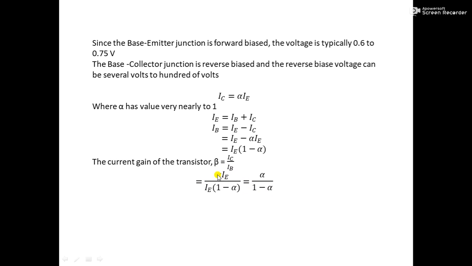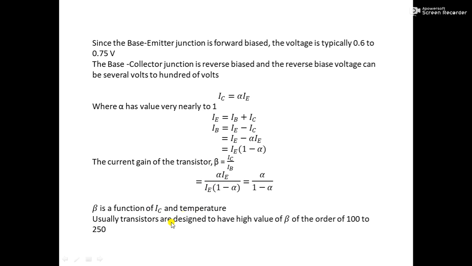Beta is a function of IC and temperature. In the next class, I will discuss beta and why it is dependent on IC and the temperature. But in normal situations, we will take beta as constant because at room temperature, we will consider beta as constant.